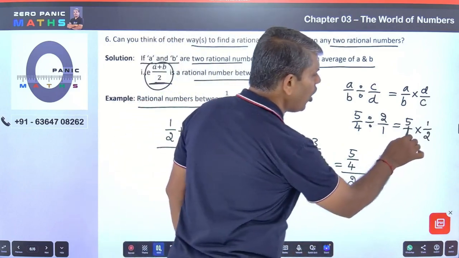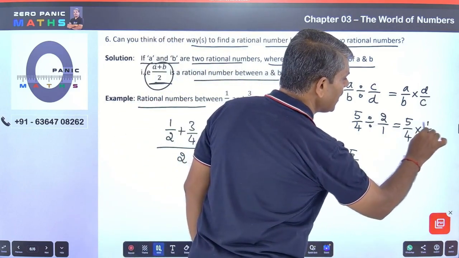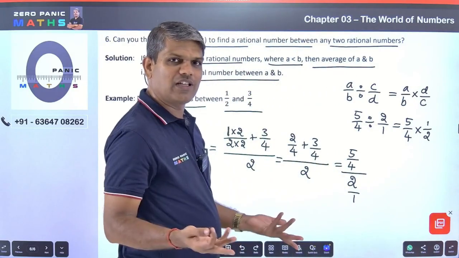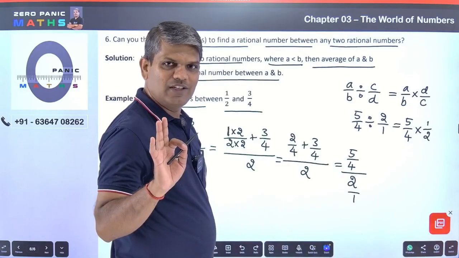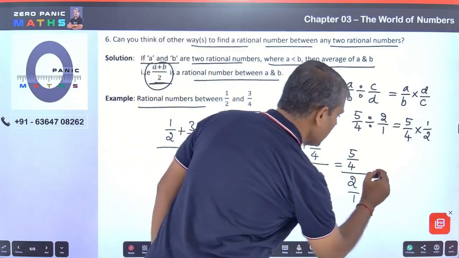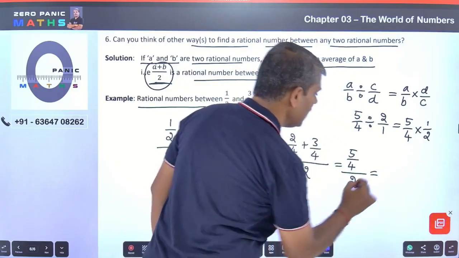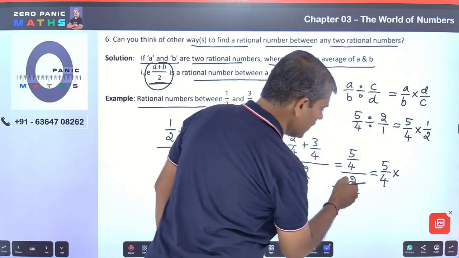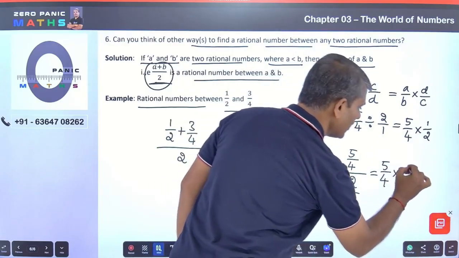Now with the law of product, I can multiply the numerator with the numerator and the denominator with the denominator. You got my point? I hope you understood this. Let me write this as 5 by 4 multiplied by 1 by 2.